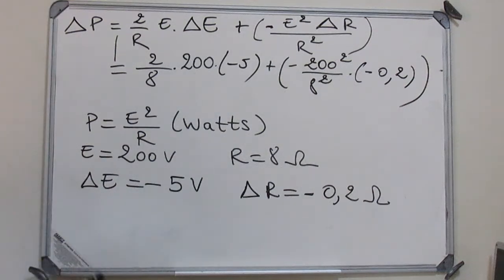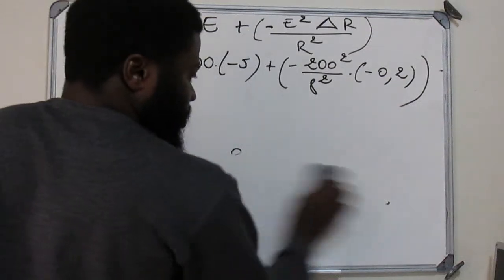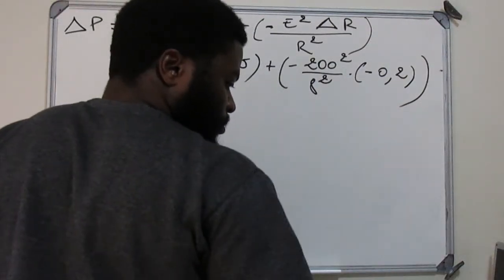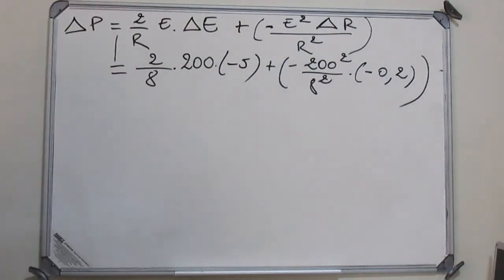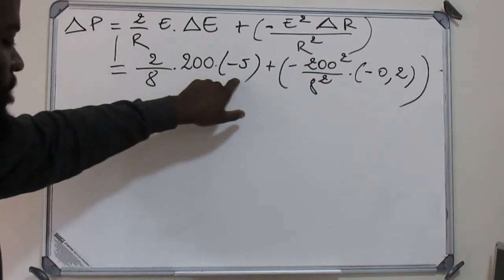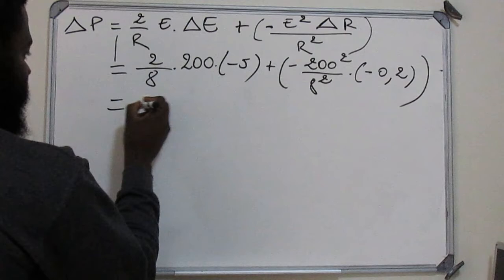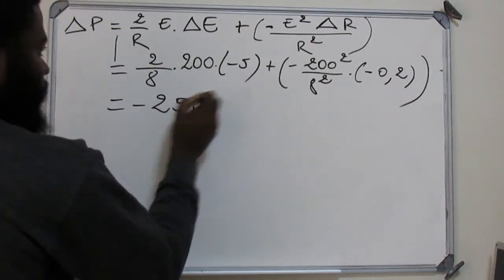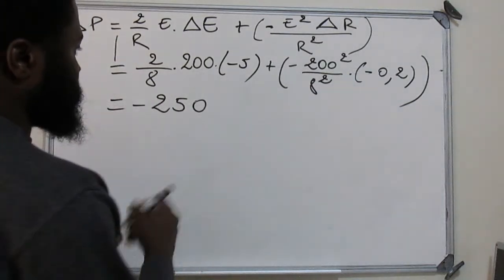Now, after this, you're just going to use your calculator to find all those values. Here 2 over 8 multiplied by 200 multiplied by negative 5 is going to give you negative 250. Now here we have negative, negative, so we keep the positive sign there.